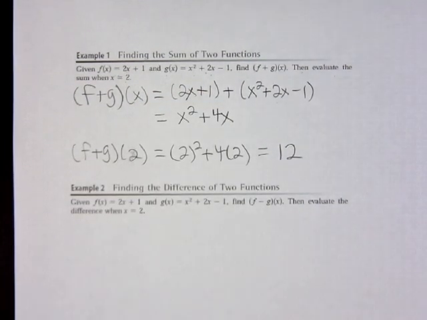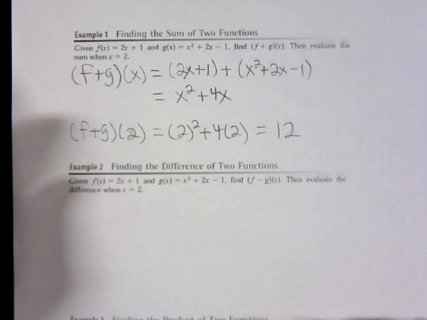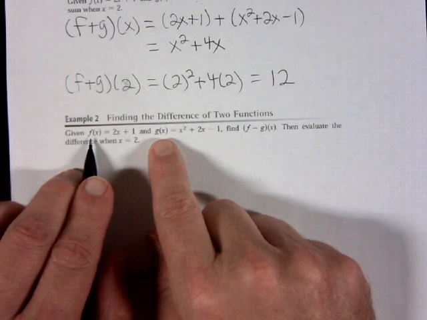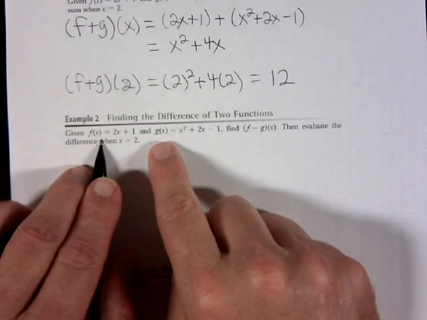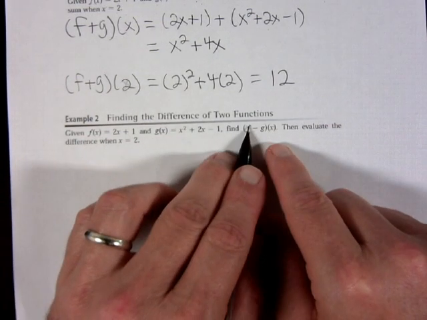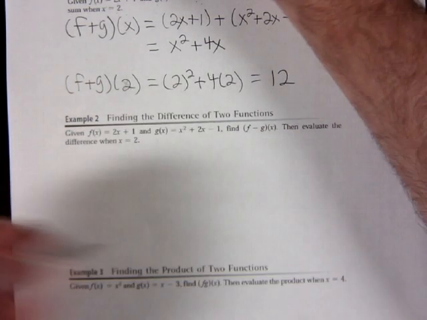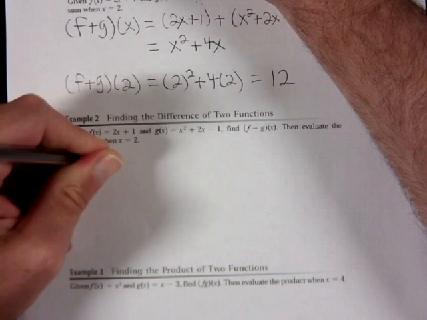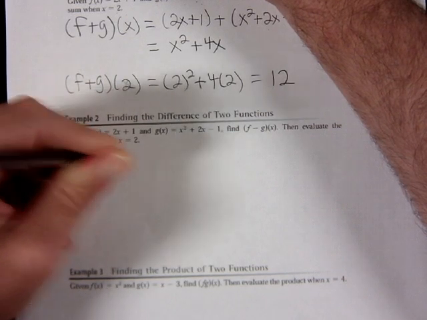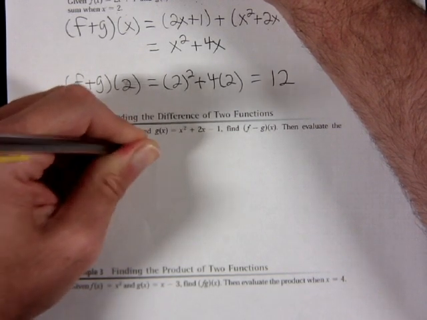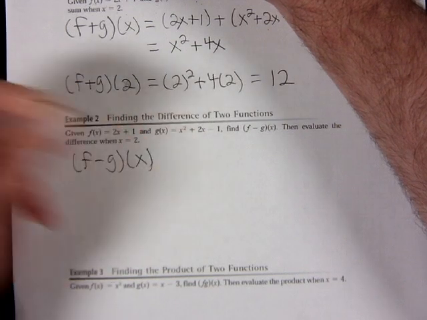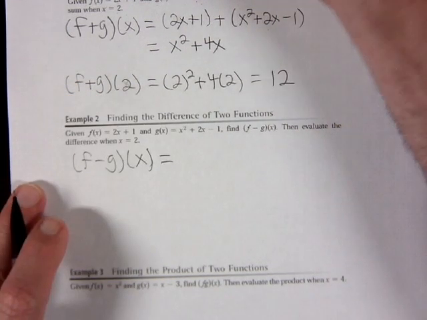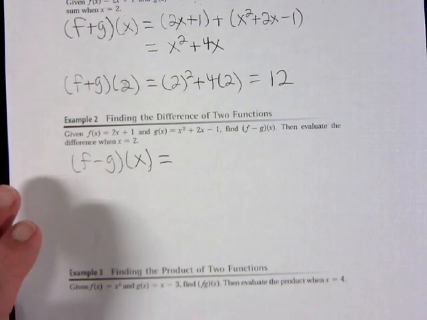Okay, the next one that we're going to be looking at, we're trying to find the difference between two functions. So once again, I have f and g defined for us in terms of x. And our task is to find f minus g of x. So again, we can write it out here. All right, so f minus g of x equals... remember, that's defined to be f of x minus g of x.